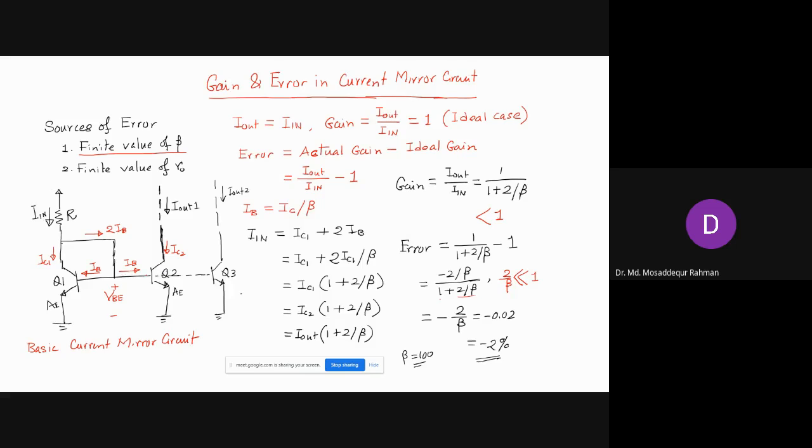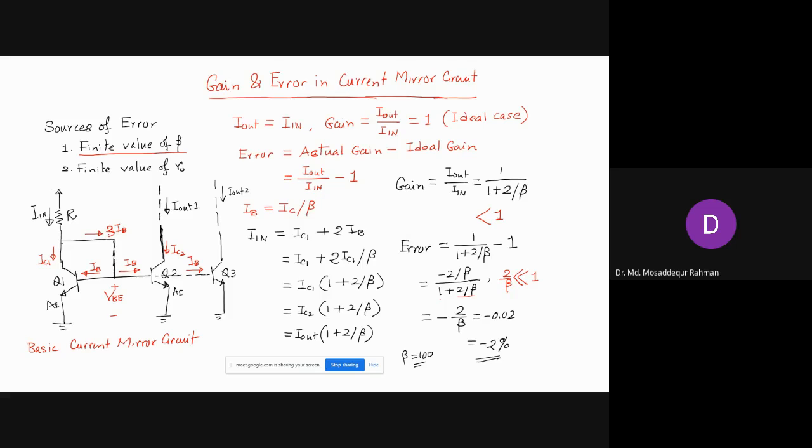So what happens in this case, you have another transistor. Then one base current is going to the base of Q2. The other base current will go into the base of Q3. So we have another IB here. So now we will have 3 IB, right? Now the I in has to supply the base current to the bases of 3 transistors, right? So on top of IC1, it also has to supply 3 IB, right?